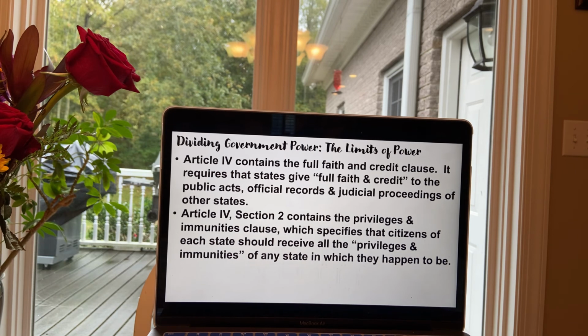Because that's part of the Privileges and Immunities Clause. And let's say something happens while you're in New York and you have to call the police. The New York City Police Department is not going to ask you, well, are you from the state of Alabama? Sorry, we can't help you. Under the Privileges and Immunities Clause, they help you just as they would somebody who is from the city of New York.